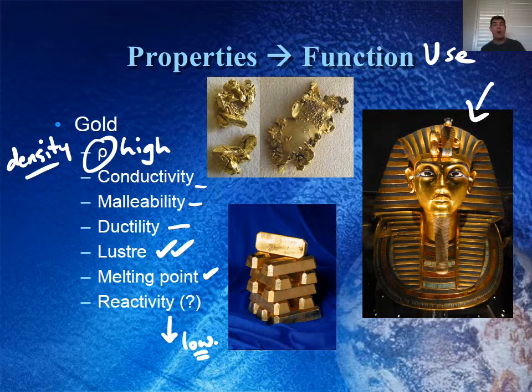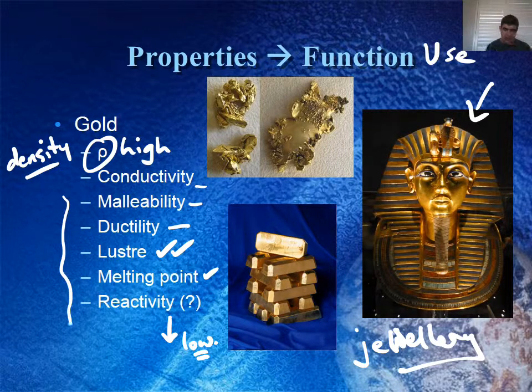We wouldn't want the gold in our jewellery to be reacting with oxygen and becoming dull or dissolving when we put our hands in water or when we walked around in the rain or swam at the beach. So the reason that gold has such a marvellous range of uses in jewelry is the fact that it has a combination of properties that make it ideal for that specific purpose.